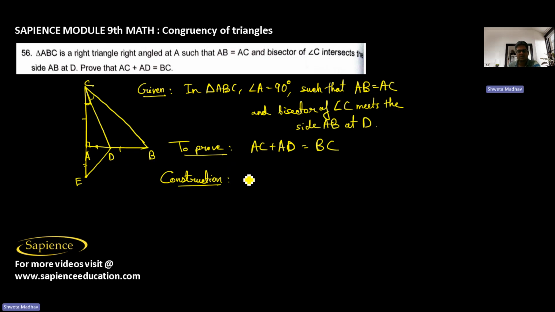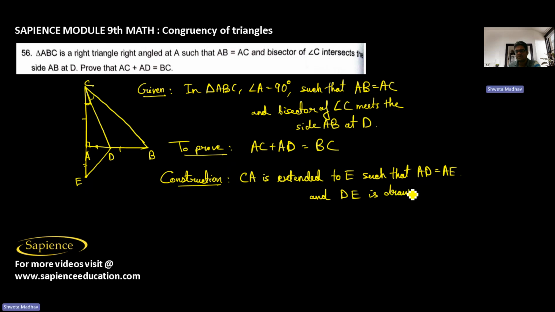So the construction, we will write that line CA is extended to E such that AD equals AE, and line segment DE is drawn.